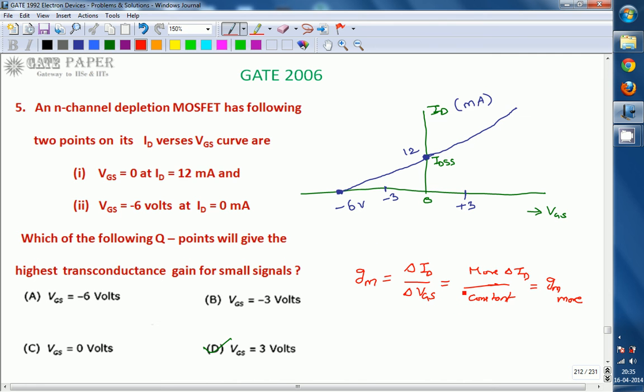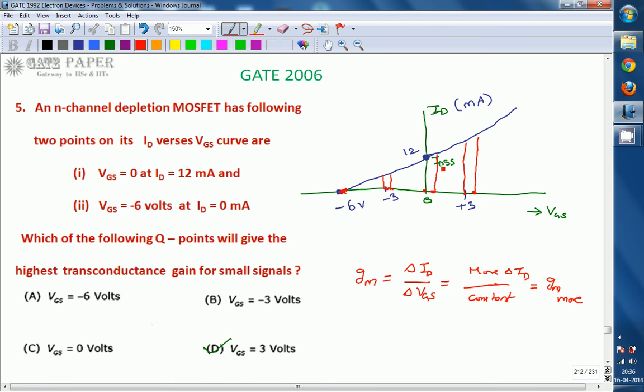So we will take the unit delta VGS, and here this is delta VGS, and over this point this is delta VGS. The difference on the x-axis between these 2 points is the same. These are the 2 points which are delta VGS. Again we go for this one, this is delta VGS.